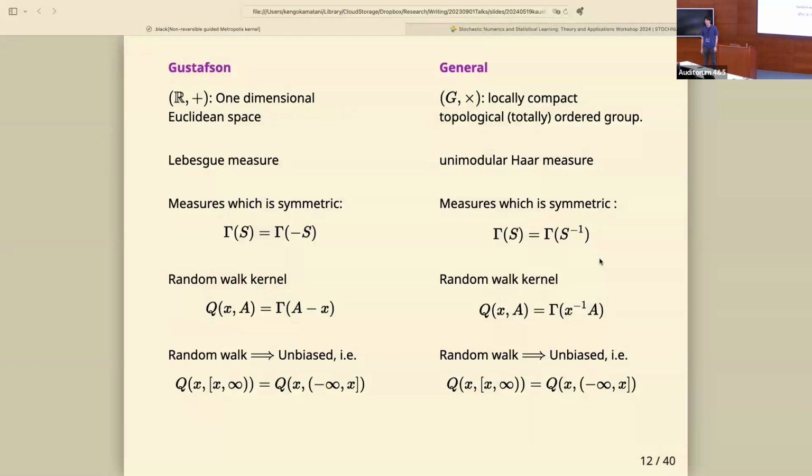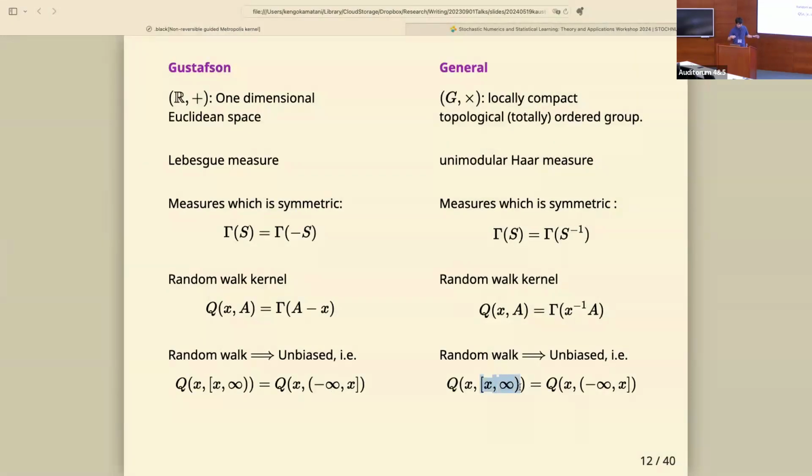On the right there, you have the general case, but you still wrote the same as before on the left, the last line. Shouldn't it be changed? Yes, that's the point. Sorry, I have to explain. On the left-hand side it's easy to understand this structure, but on the right-hand side I have to explain what this is.